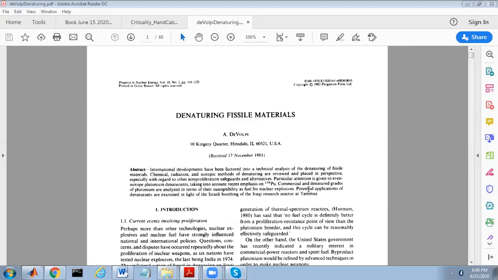I hope you can see this journal article of 1982. It's in Progress in Nuclear Energy, volume 10, number 2, pages 161 to 220. It's a very comprehensive article, and it talks of denaturing fissile materials. On this, I want to take you to page 13.